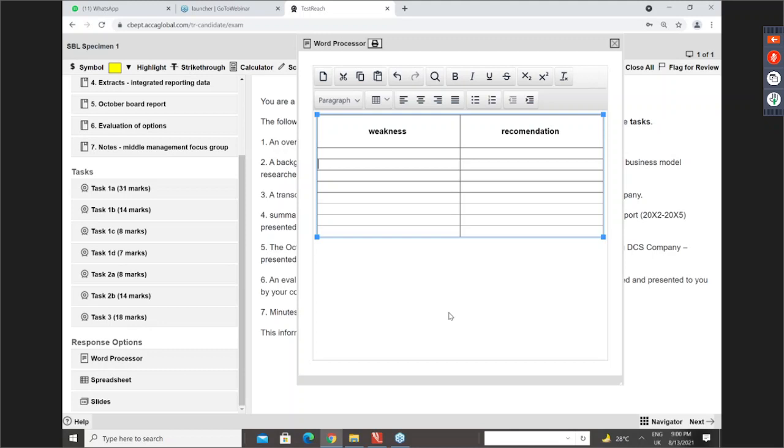Okay, whenever you get a question on weakness and recommendation, use a tabular format. It will make your life easy. All right.